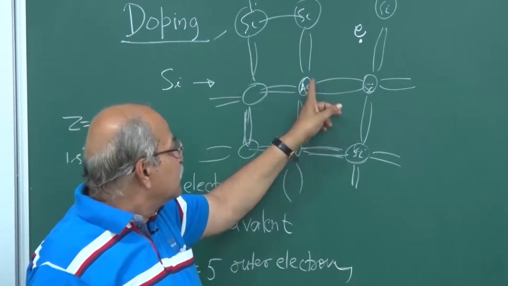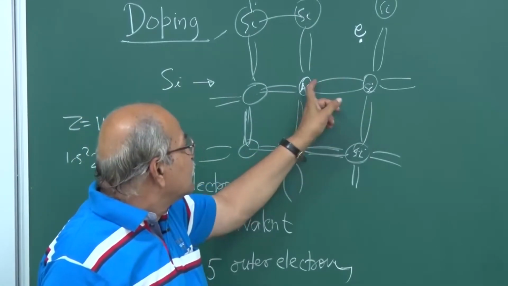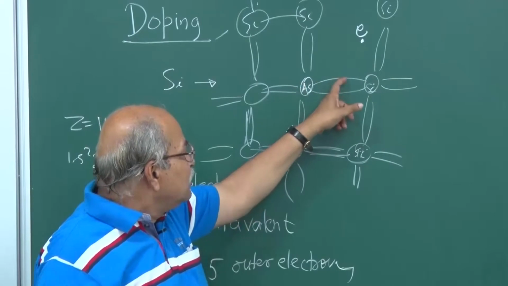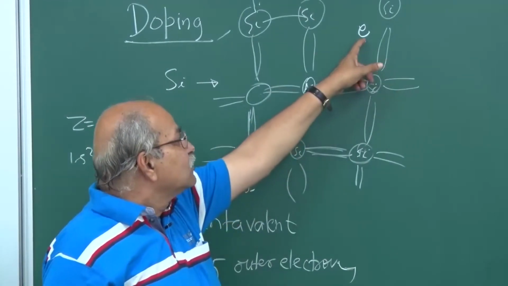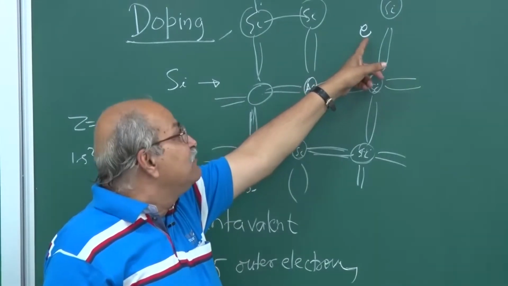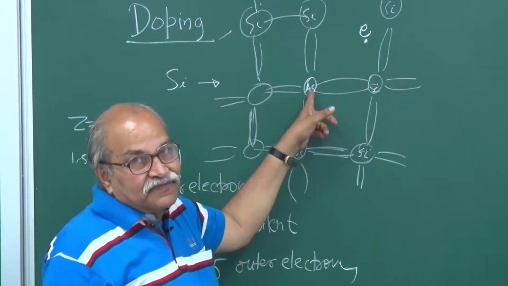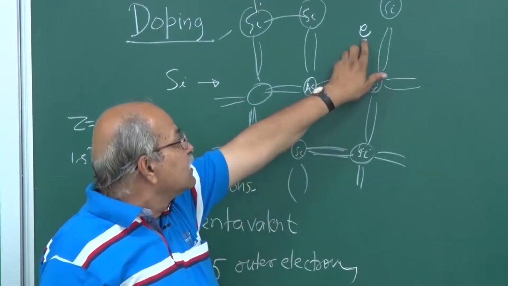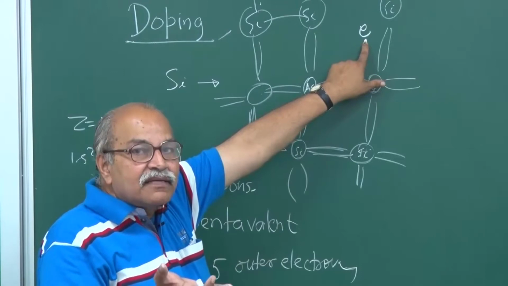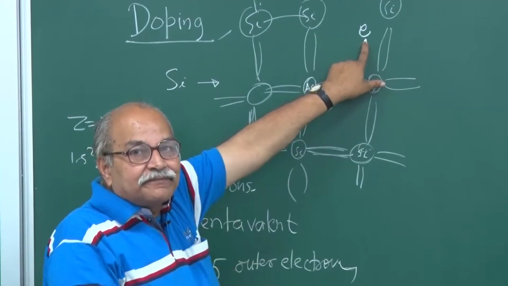If an electron is taking part in bonding, its energy is very low, in the valence band. This one is very weakly bound, so compared to valence band electrons it has much higher energy.